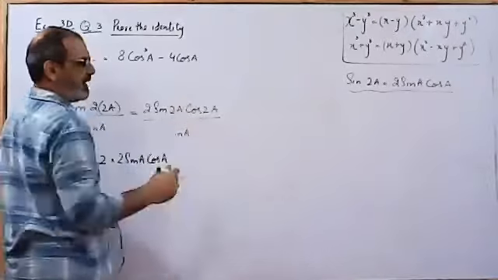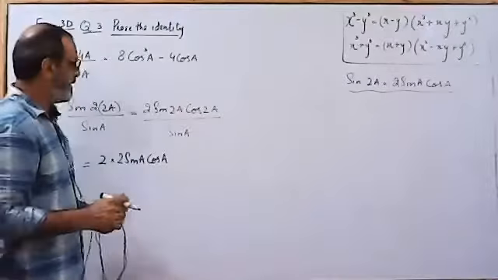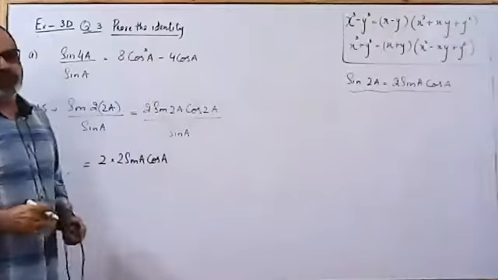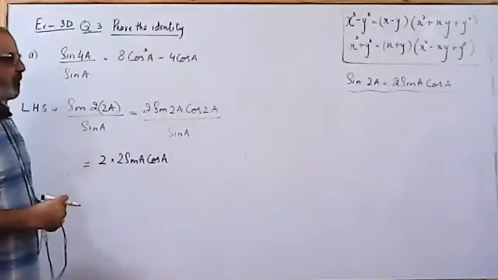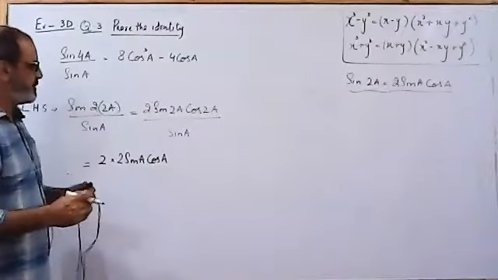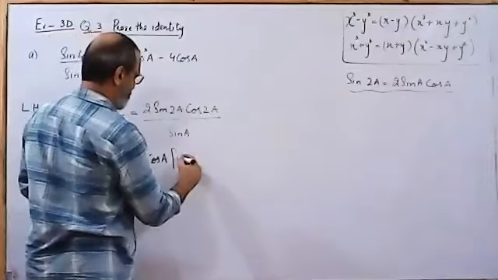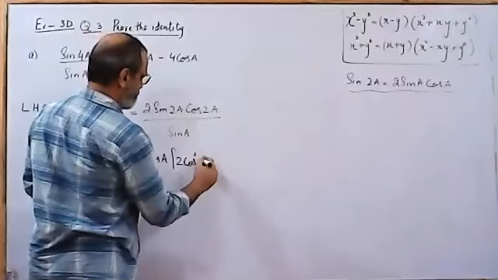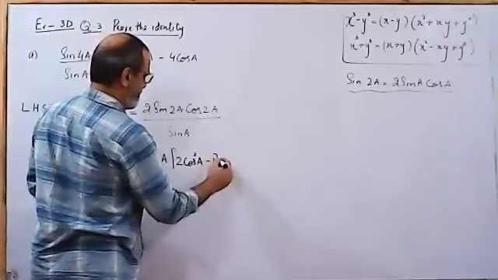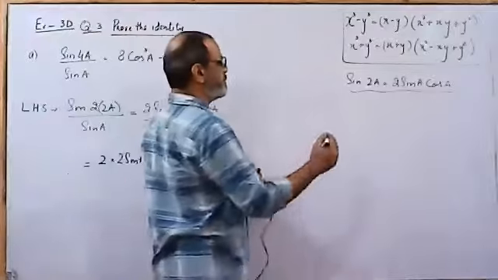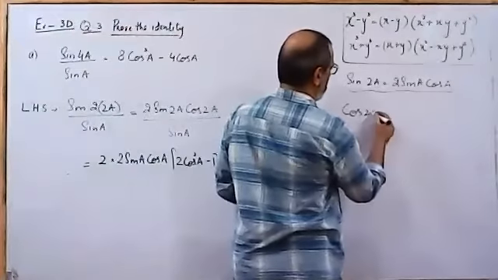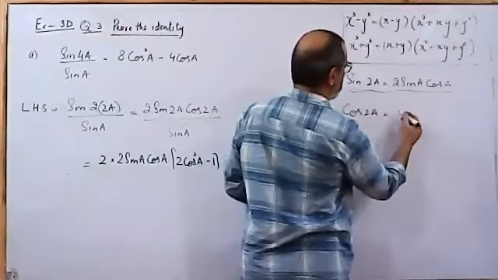But for cos, I have 3 options. Because on the right hand side I need all the terms in cosine, I will change cos 2a into 2 cos square a minus 1, because for cosine 2a we have 3 options.